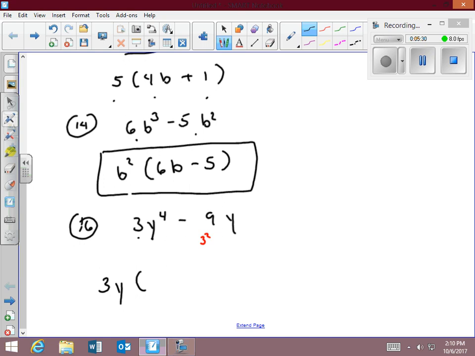Y to the cubed, right? Y third. Because 3y times y cubed is y fourth. Now when I take a 3 and a y out of that second term, I'll have a negative. What's left? There's 2 3's in there. I'm taking 1 3 out, so I have a 3 left. I'm taking a y out. There's 1 y in, so that's what's left. Okay? So this is prime factor.